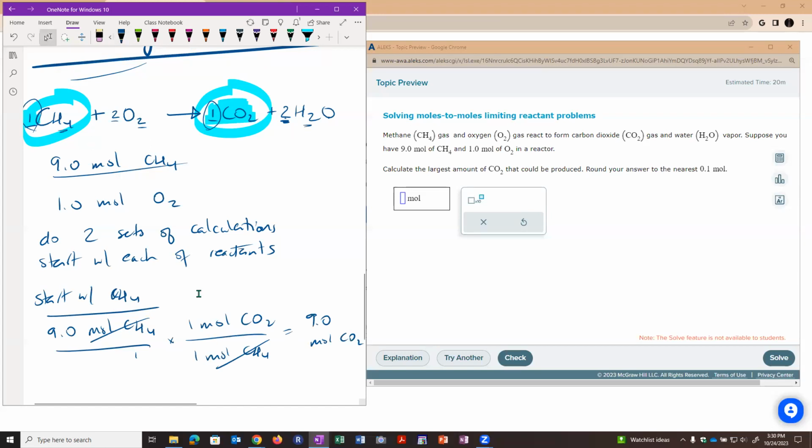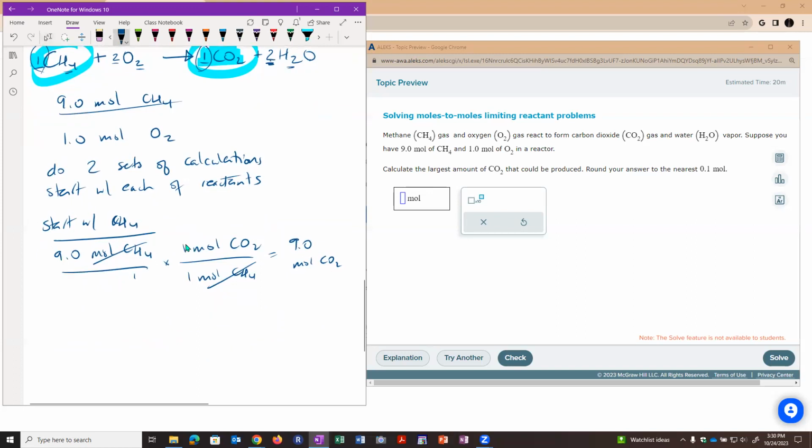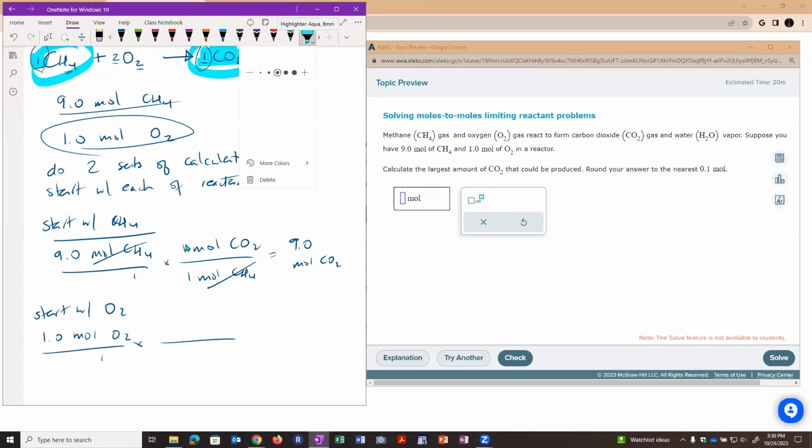I'm going to do the same thing now, but I'm going to do it with the oxygen. So now I'm going to start with the O2. It says that we're starting off with 1.0 moles of O2. Now I'm trying to relate the O2 to the CO2. That's a 2-to-1 mole ratio.